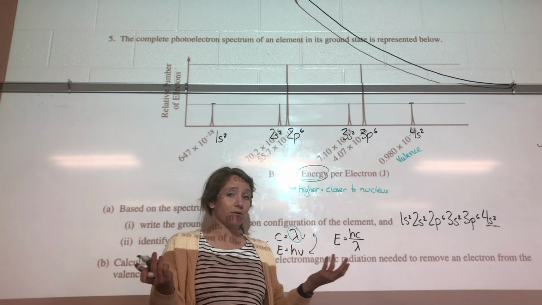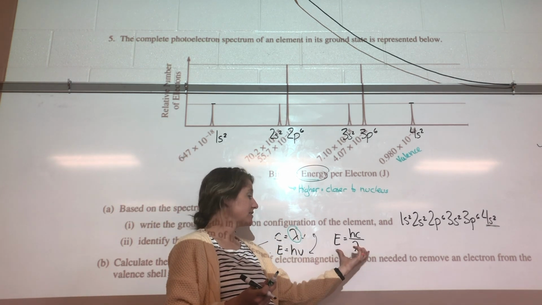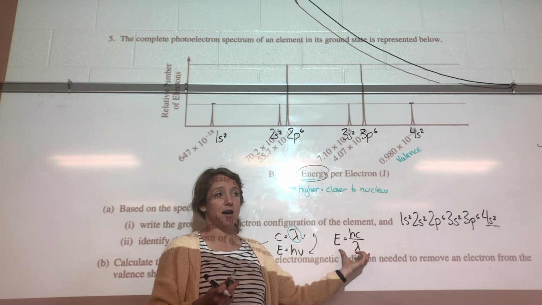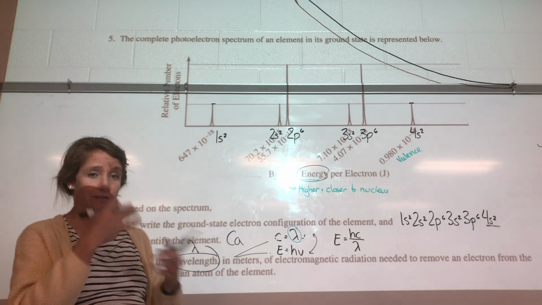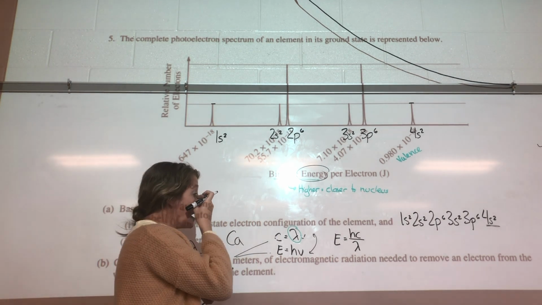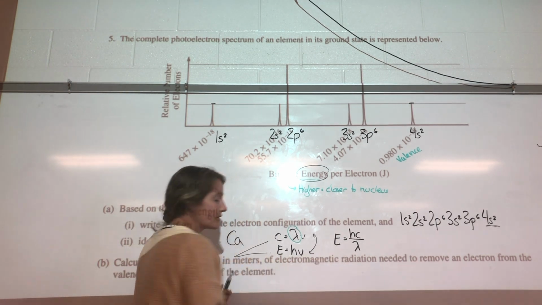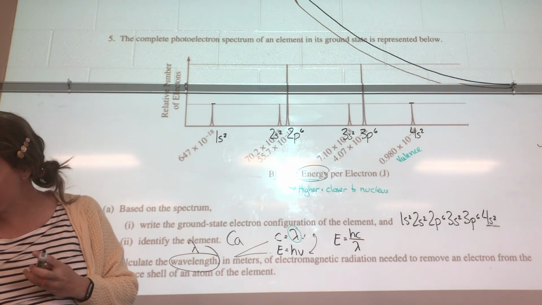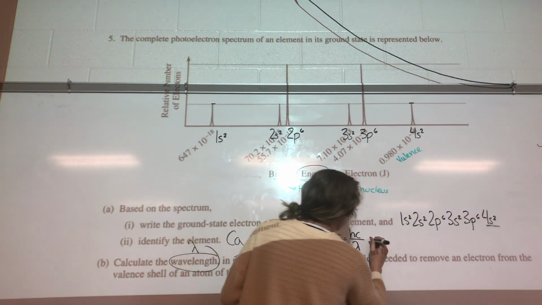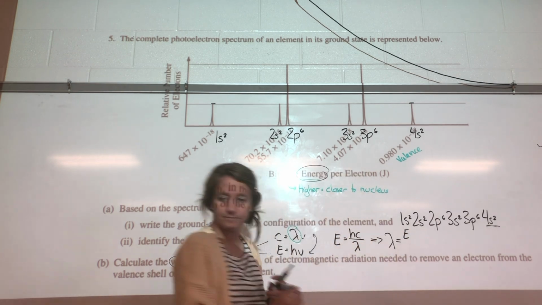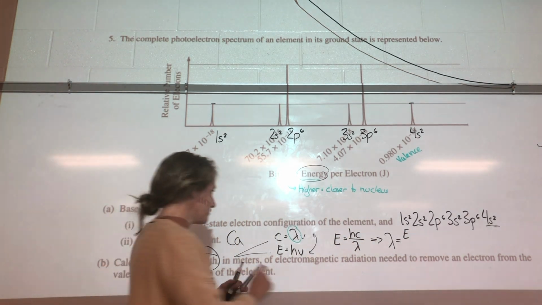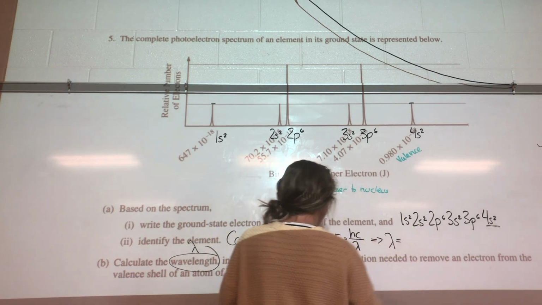Once again, since you have your formula sheet to use, this would be maybe a good one to write down on it as well, just as a quick reference if you need it, so you don't have to rearrange it yourself. And then if I rearrange this because I'm trying to find wavelength, wavelength equals hc over E.